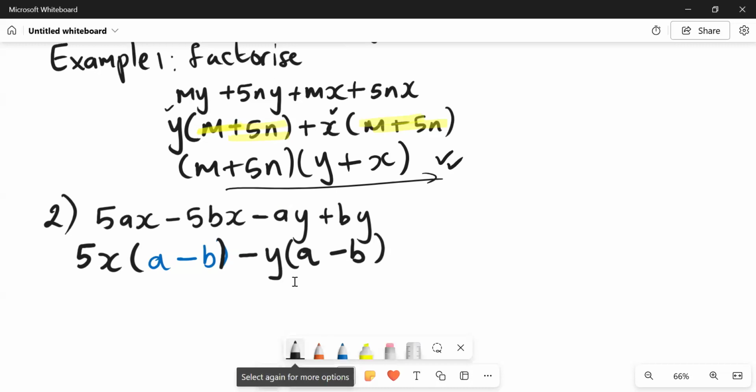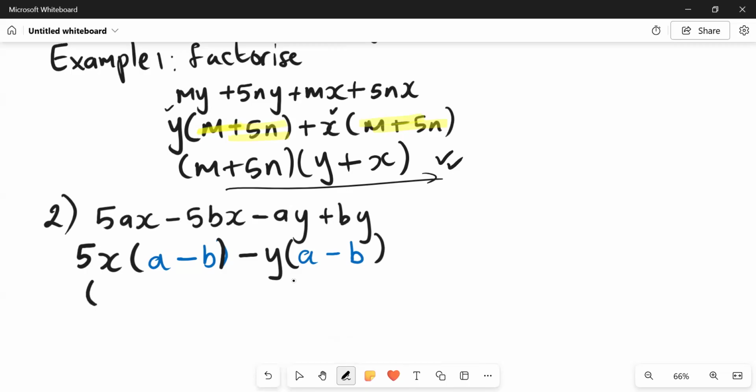Okay, so now we've created our own common bracket, which is a minus b and a minus b. Let me use a common color. Perfect. Now it's clear. So now we have a common bracket of a minus b. Now let's take out that common bracket. It's a minus b, and you're left with your 5x there.